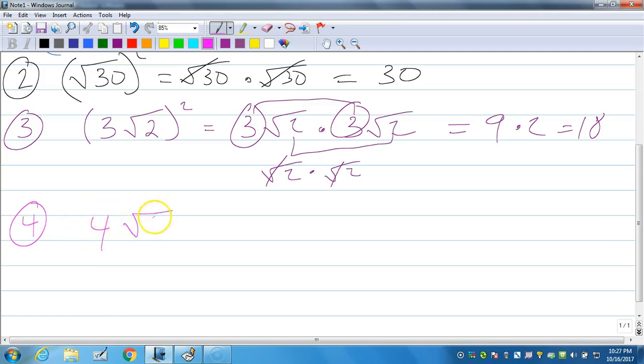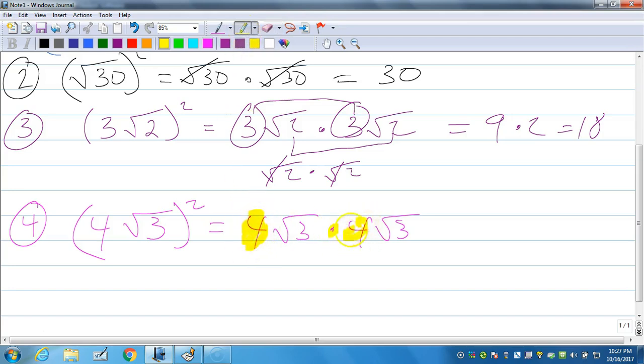4 square root of 3 squared. Again, that equals 4 square root of 3 times 4 square root of 3. Multiply 4 times 4. 4 times 4 gives us 16. And then you have to do the square root of 3's.